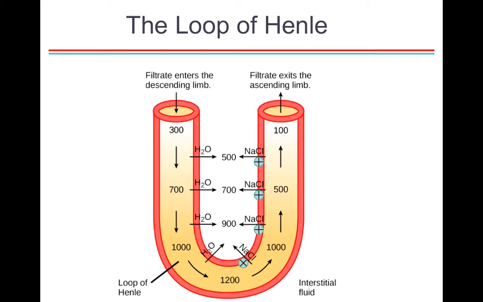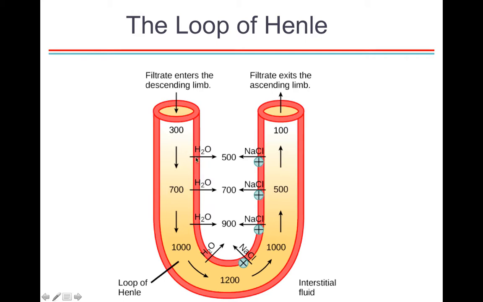So this critically happens because the walls of the descending loop of Henle are not permeable to salt. However, they are permeable to water. And the water is being drawn out of the filtrate via water channels called aquaporins.